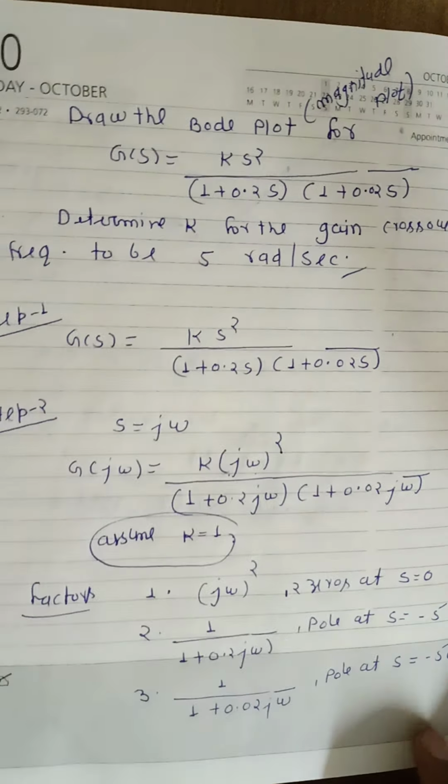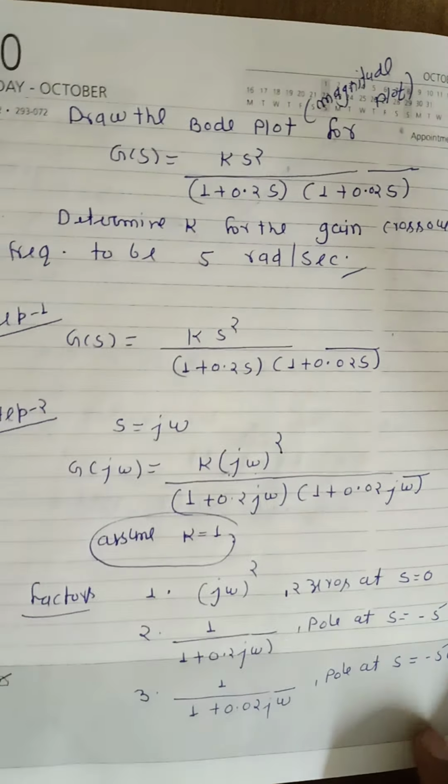Now let us see how we can define corner frequencies for different terms or different factors. For the first factor (j omega) power 2, there is no corner frequency because there is no time constant. For the second term, 1 over 1 plus 0.2 j omega, we have corner frequency 1 over 0.2, or 5 radian per second.